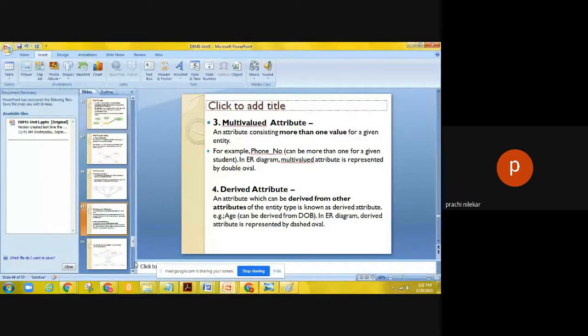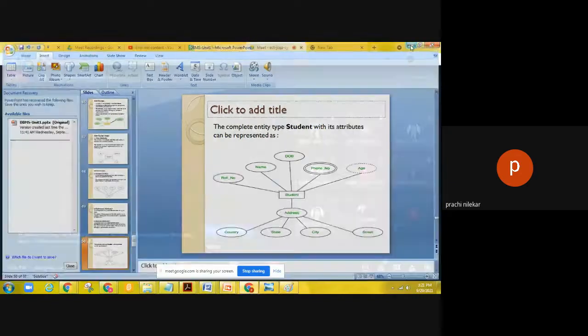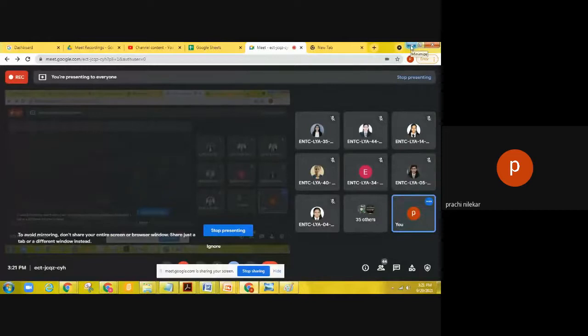Because in the first assignment, you have to draw the ER diagram for a particular organization. Yes, is there any doubt? No, ma'am. Okay.